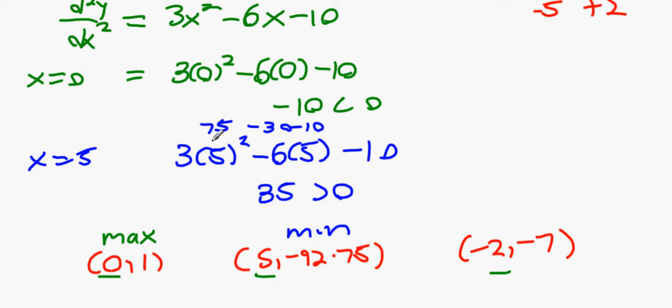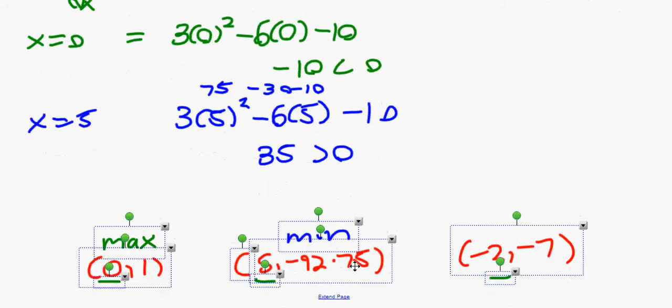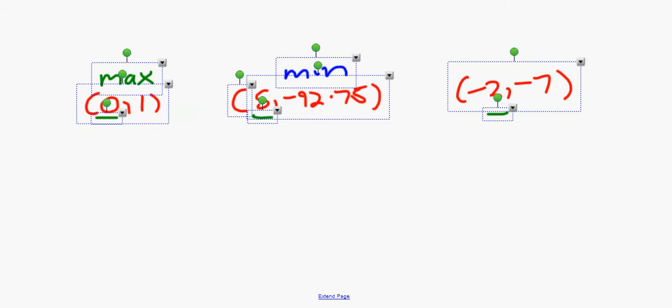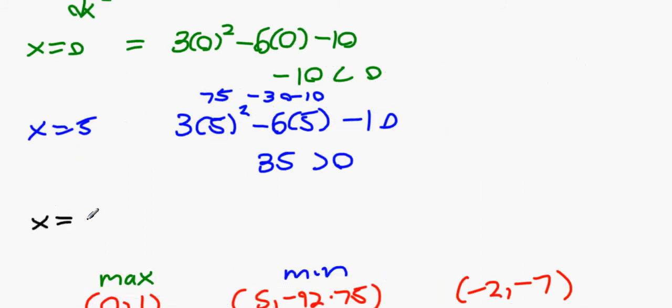And then finally, the last point to test is going to be minus 2. So we just do this down here. So x equals minus 2. And when we do this, we're going to get 3 times minus 2 squared minus 6 times minus 2 minus 10.